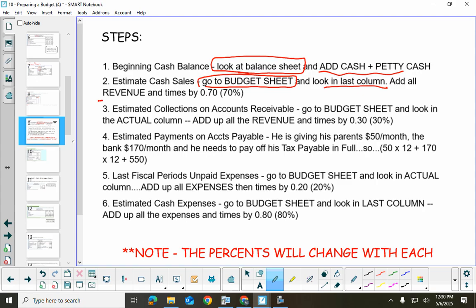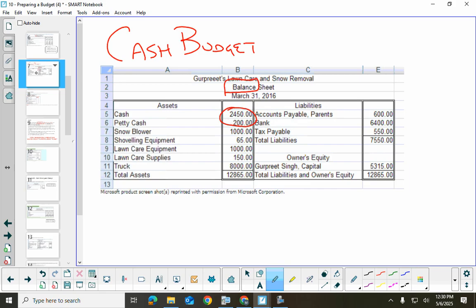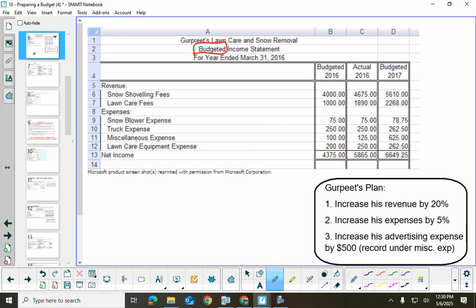And we're going to add up all the revenue and times it by 70% or 0.7. So we're going to go to the budget sheet, go to the last column, take our revenues and times it by 70%.